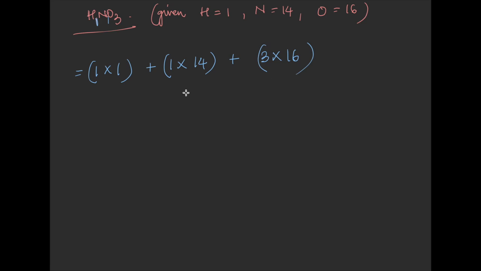So these are the atomic masses of individual atoms multiplied by their number of atoms present. When you calculate that, you get 1 plus 14 plus 48, which is 63. So the molecular weight of nitric acid is 63 AMU.